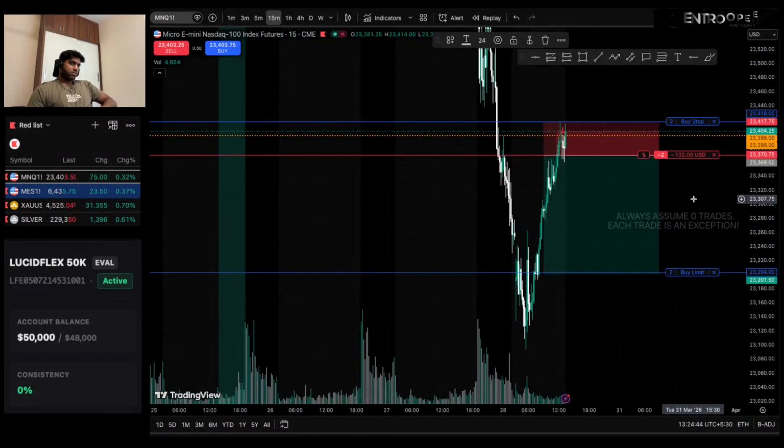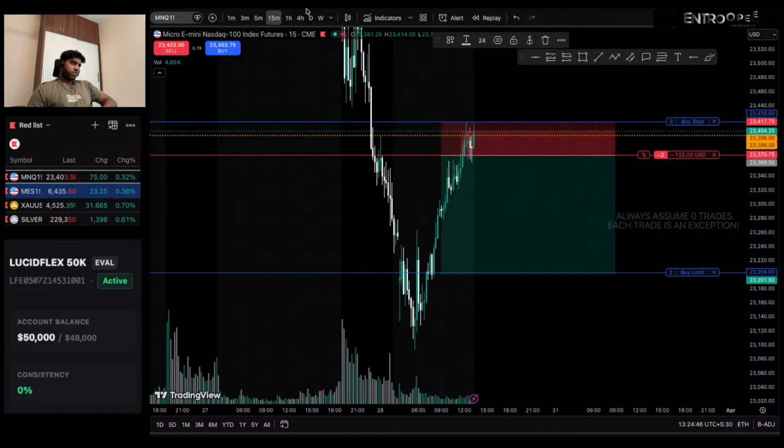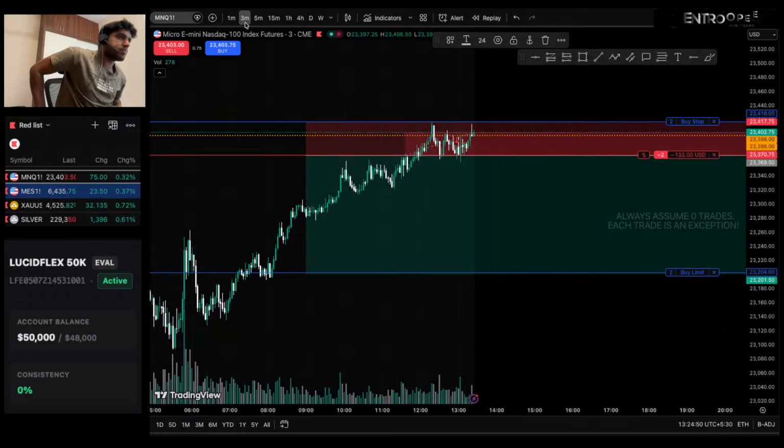Yeah, there is a very high probability for it to hit our SL. Yeah, price is showing strength to the upside.